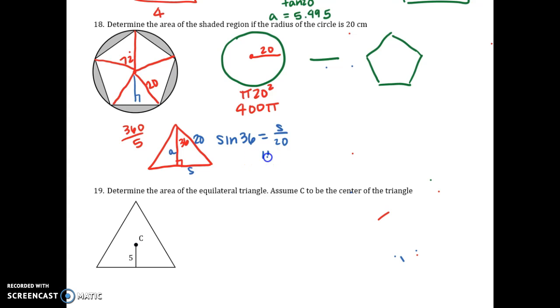And we're looking at that being 11.756, which means this whole side across the bottom, we double that number, and we get 23.511, which means one side of the pentagon is 23.511.